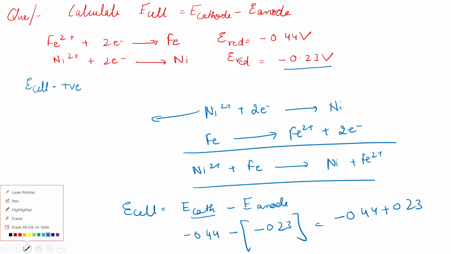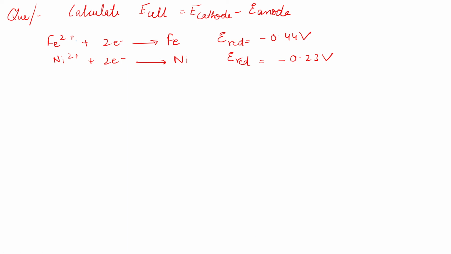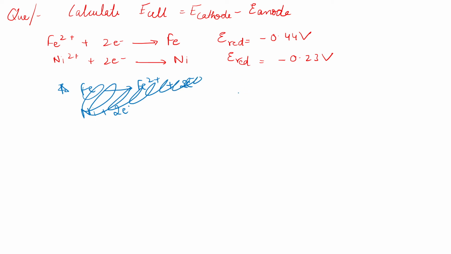Actually, the iron one is going to do reduction, iron 2 plus plus 2 electrons, while nickel will undergo oxidation, sorry.